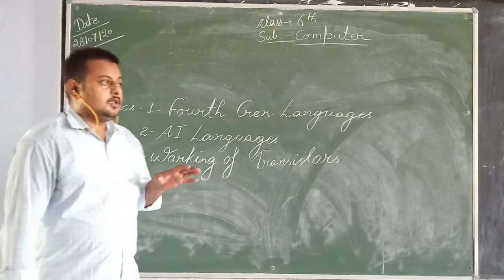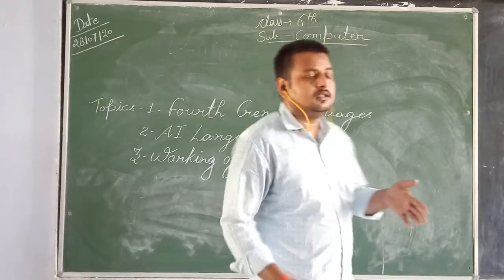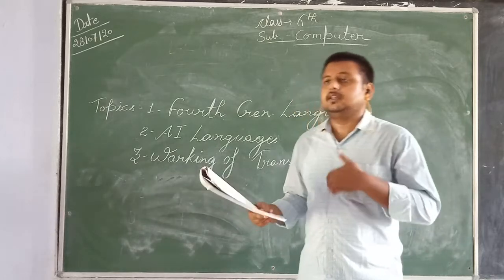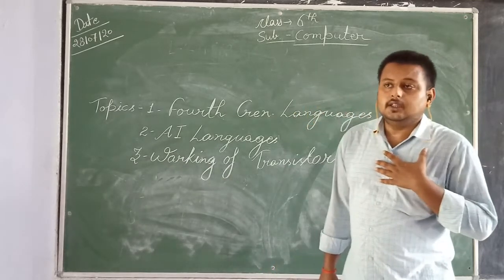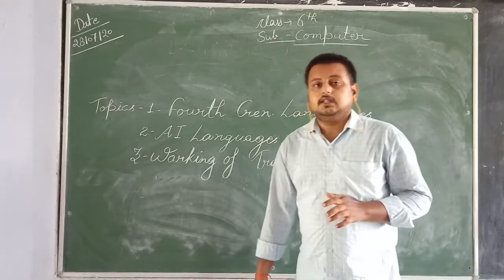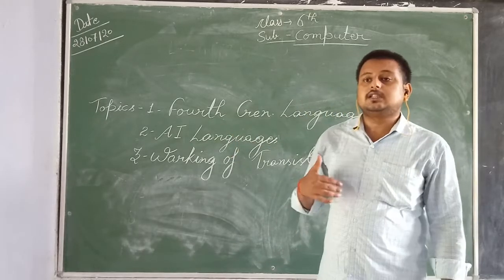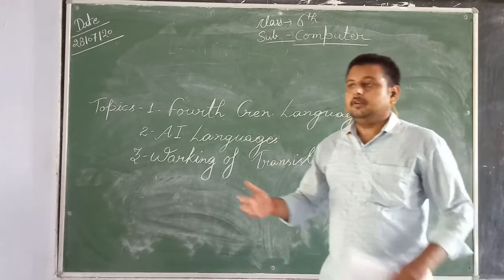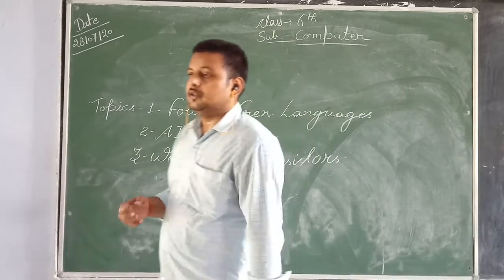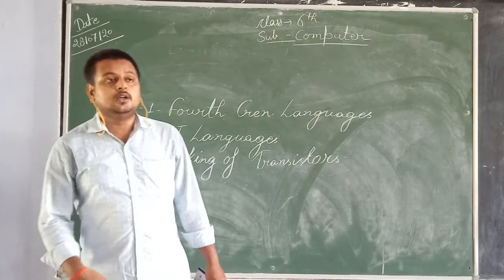Suppose here I am taking an example of a translator. Suppose I know only Hindi and you know only English. You are saying something but I don't get it, and if I say something in Hindi, you don't get it, because we both don't know each other's language.